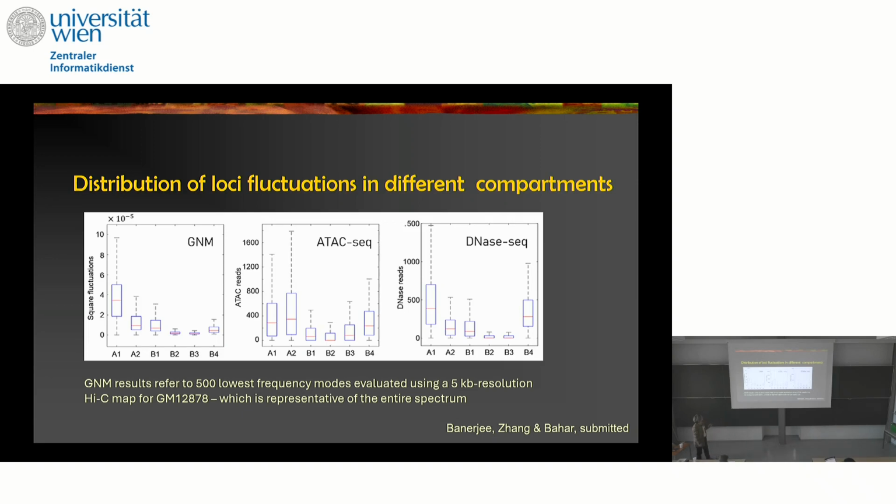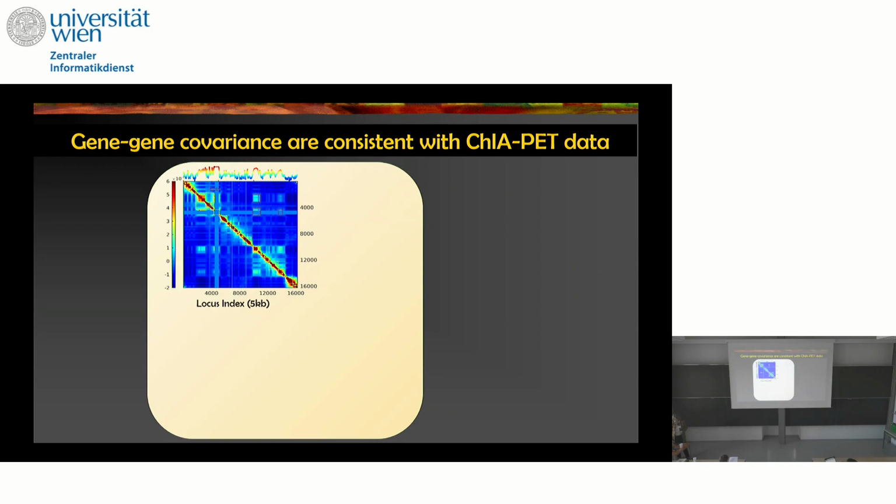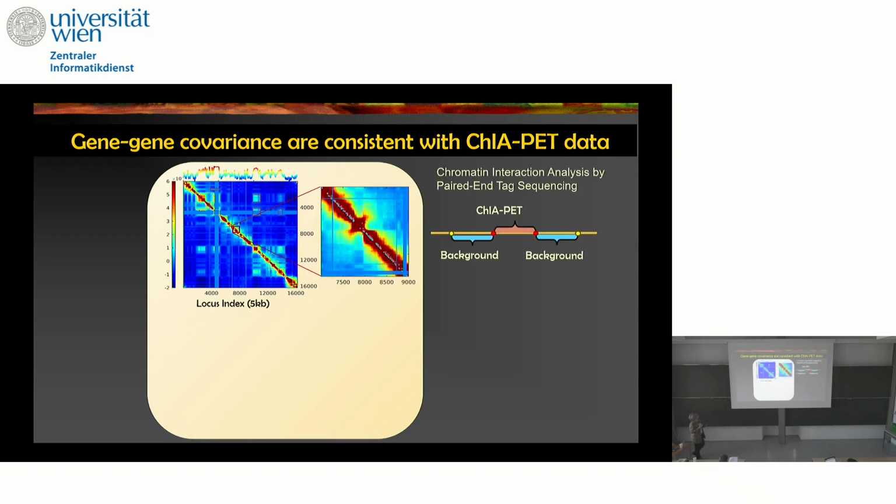A1 fluctuates a lot, they are more exposed, etc. You can see the trend, the mean values and variances. These are experiments, and this is theory, GNM. Again, among experiments, we agree much better with DNase-seq, not necessarily with ATAC-seq, and the two experiments themselves are not so compatible. I'm just giving you some results to show that it is simple, but it works.